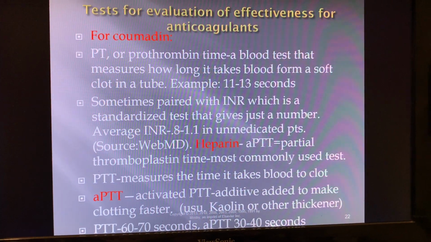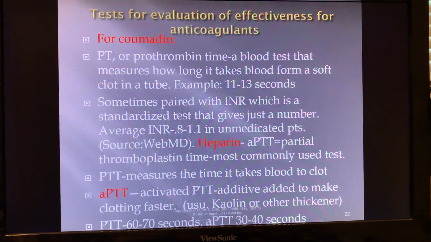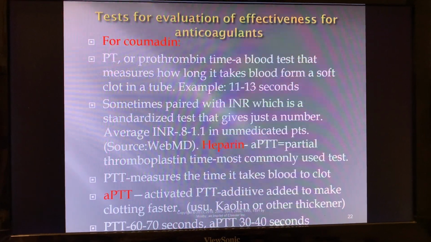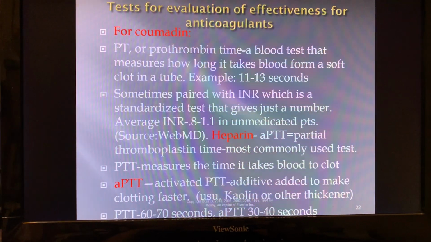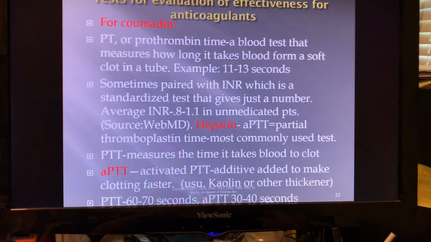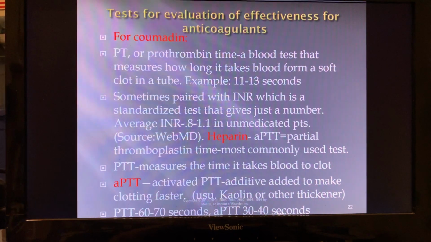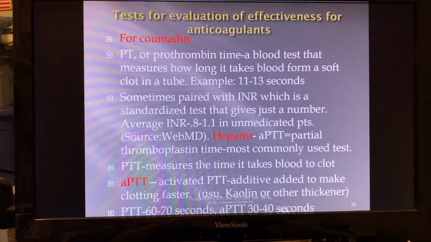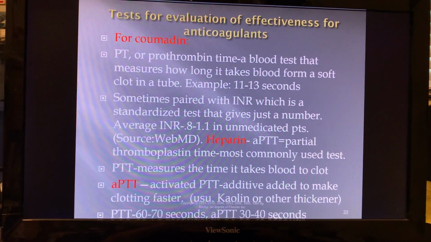That's the most commonly used test to determine if heparin is being effective. So the PTT, partial thromboplastin time, measures the time it takes blood to clot and make a firmer clot in the tube. You pull the blood up in an untreated tube. You wait for the PTT about 60 to 70 seconds, and it's going to form a good clot in the tube. You're going to shake it and it's going to go thunk, thunk, thunk, thunk.